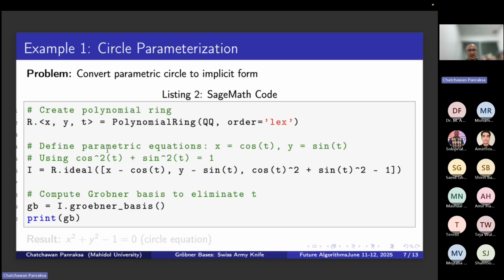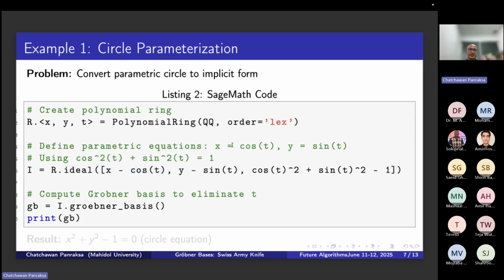Let's take a look at a very simple system here. Let's say we define x as cosine of t and y as sine of t. And we have a very important identity, the Pythagorean identity: cosine squared plus sine squared equals 1. You can convert this to a polynomial problem.